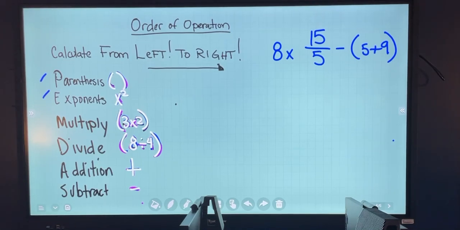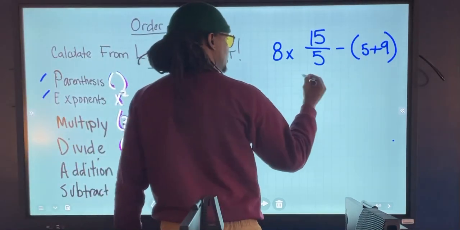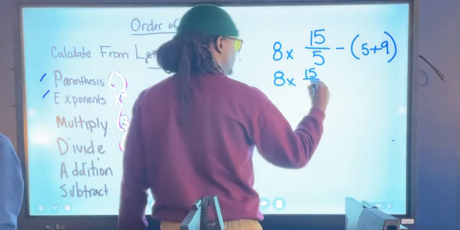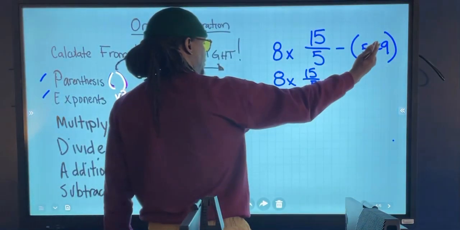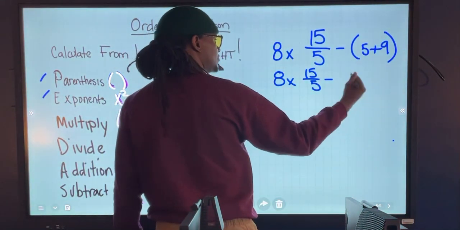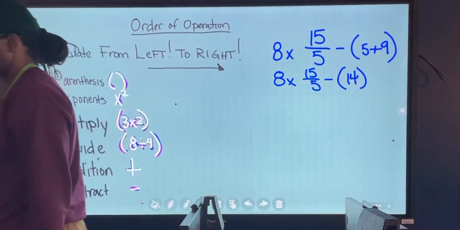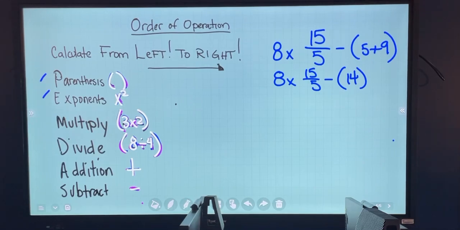Alright? Yeah, Elias, you say we're starting off with what? So knock that down. This becomes 8 times 15 over 5 minus, the parentheses is going to make 14. Remember, we're going from left to right. So now what do I do next? Is that an X?